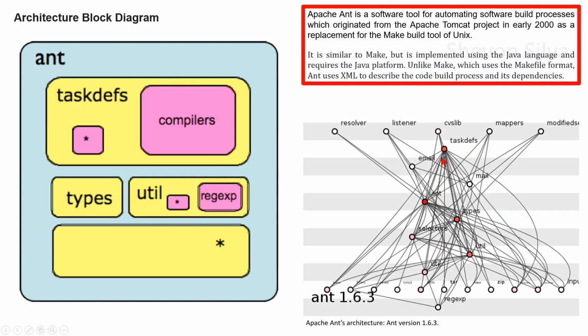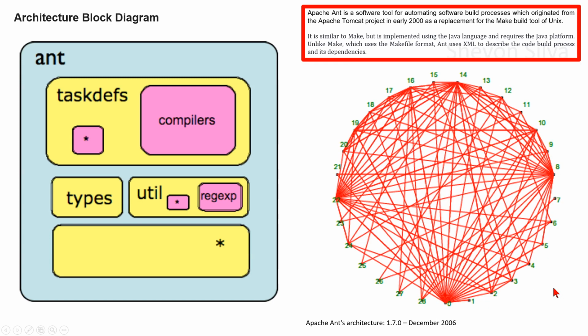Here you can see Taskdefs and types, selectors, util, and here resolver, listener, CVSlib, mappers, modifiers, Regexp, zip, tar, etc.